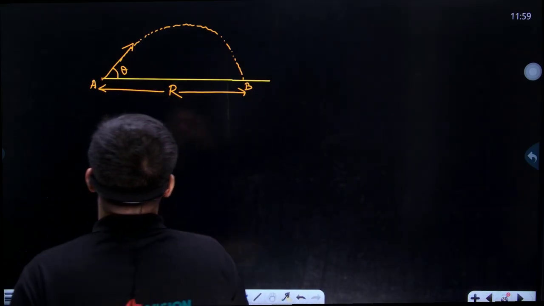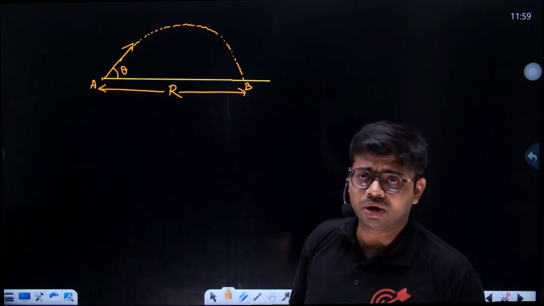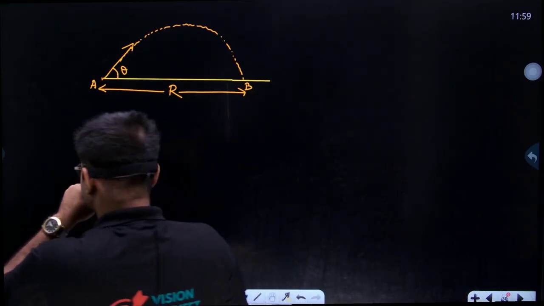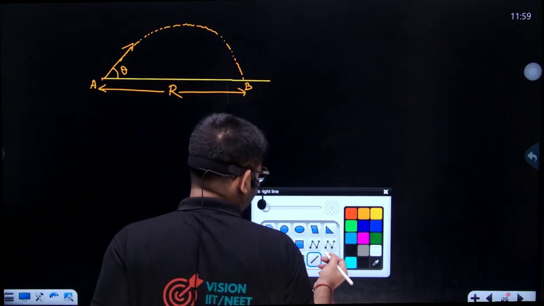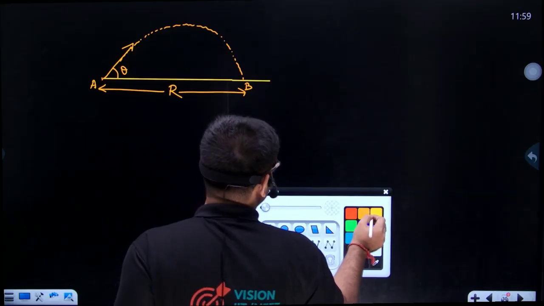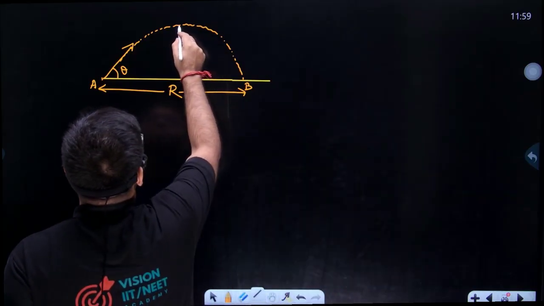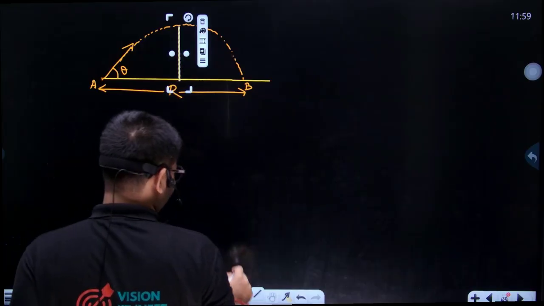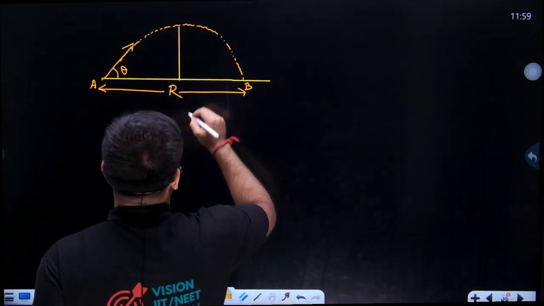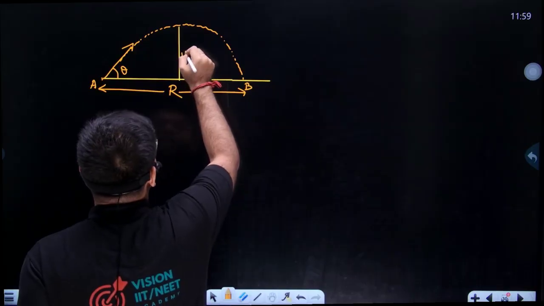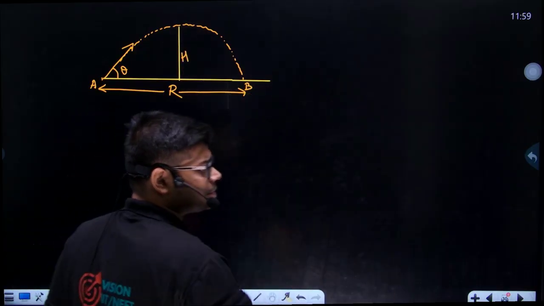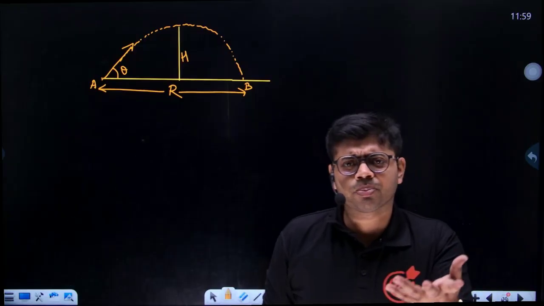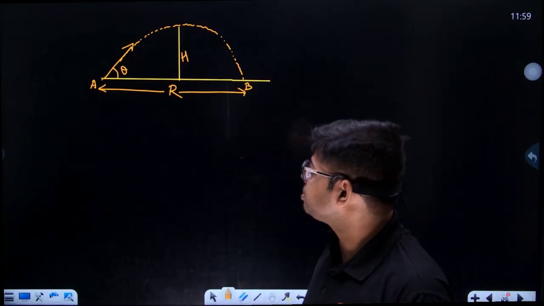You can be asked about the range of the object, and you can be asked about the height also. Height किसको बोलेंगे? This is the maximum height. The maximum h is the maximum height up to which the object has traveled. ये सब आपसे पूछा जाएगा.